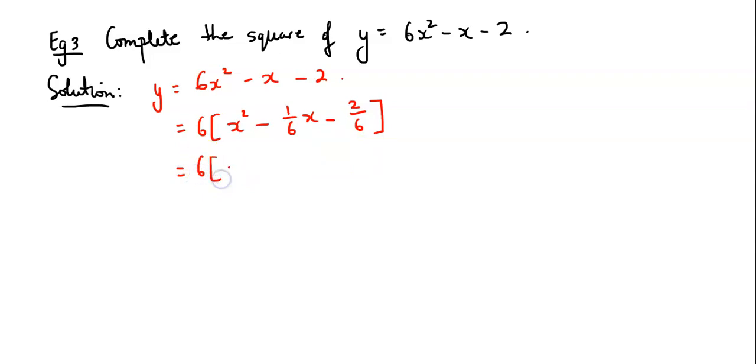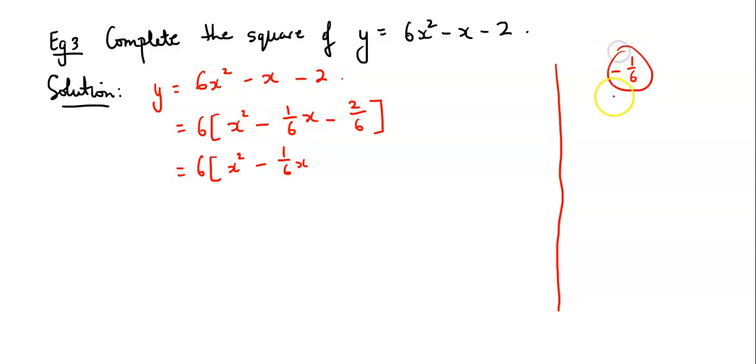Next step: 6 open brackets, x squared minus 1 over 6x. We take the coefficient of x, which is negative 1 over 6, and find half of it. Half multiplied by minus 1 over 6 is negative 1 over 12. The second thing we do is square it: minus 1 over 12 squared.